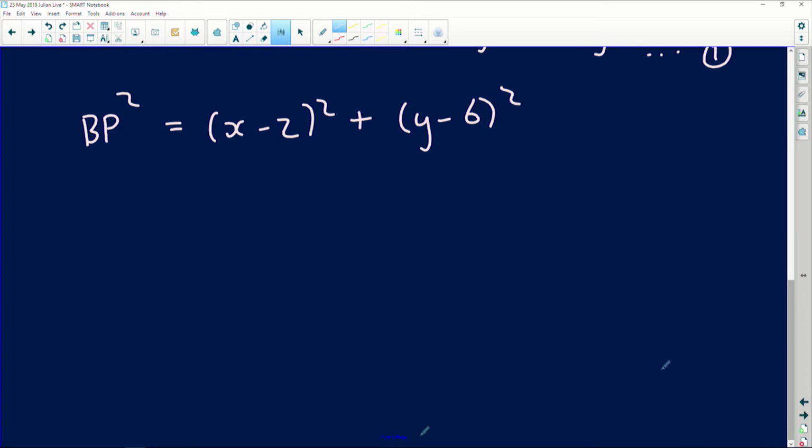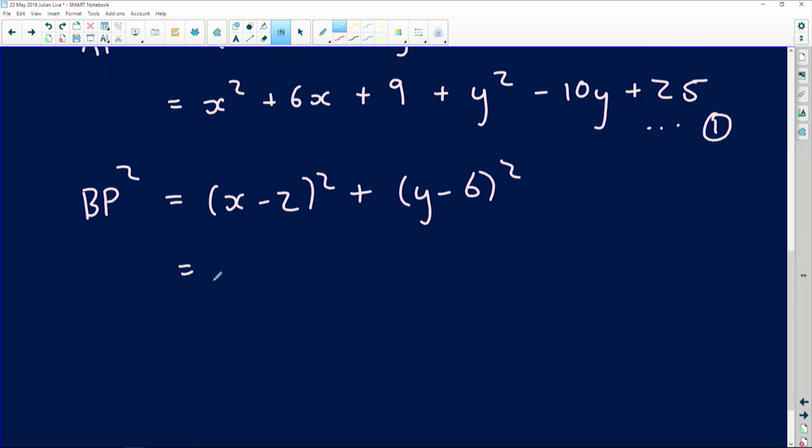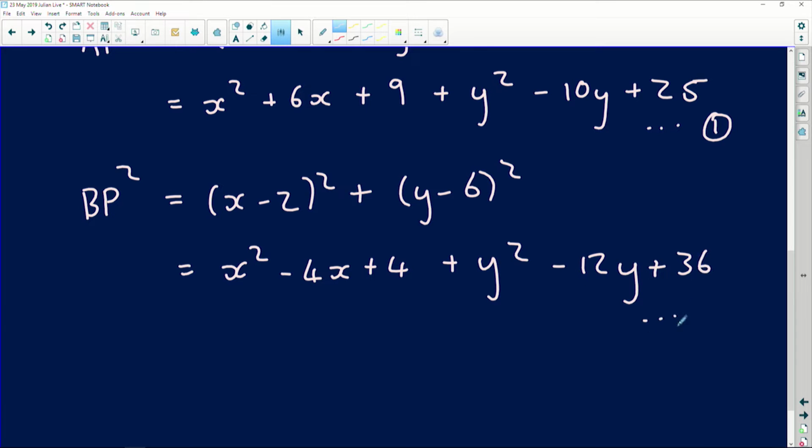And if I multiply this out, I'm left with x squared minus 4x plus 4 plus y squared minus 12y plus 36. And I'm going to call this equation number 2.